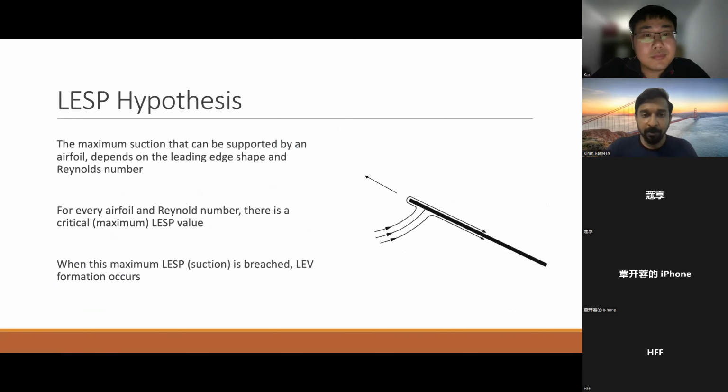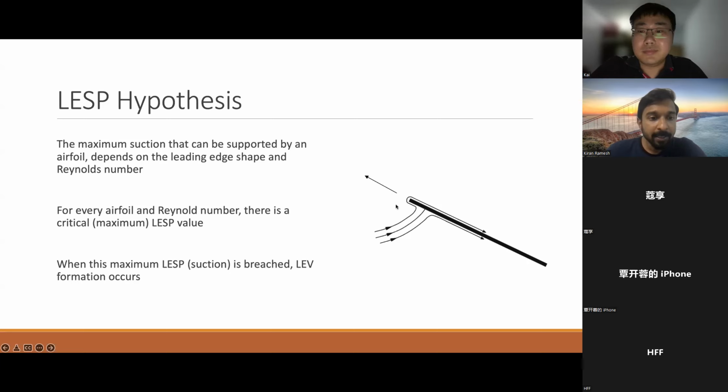In order to do this, we developed what is known as the LESP hypothesis. LESP stands for leading edge suction parameter. And here the basic hypothesis is that the maximum suction that can be supported by the leading edge of an airfoil depends on the shape of the leading edge and on the Reynolds number.